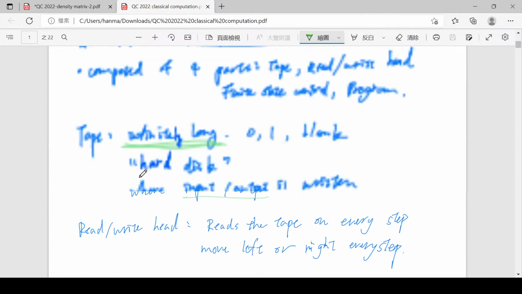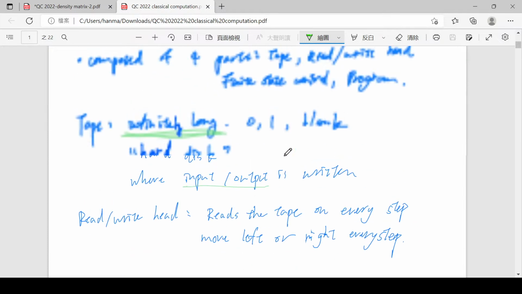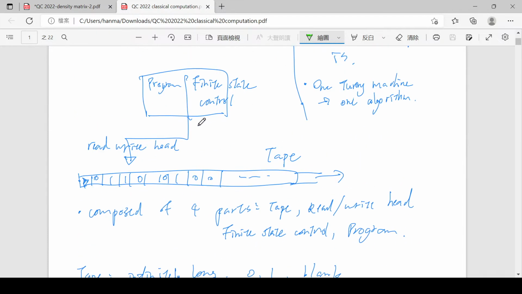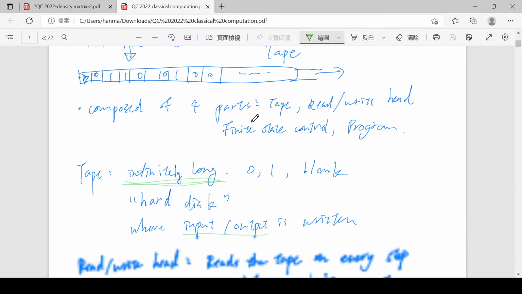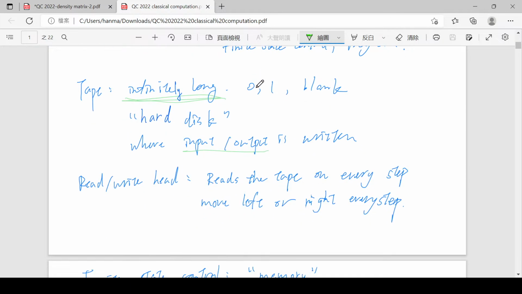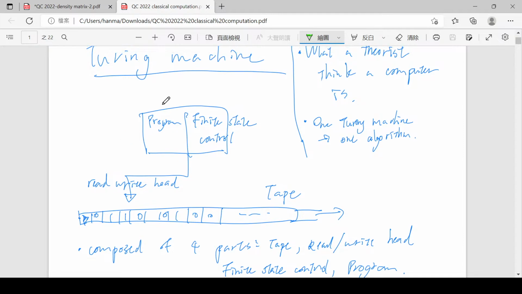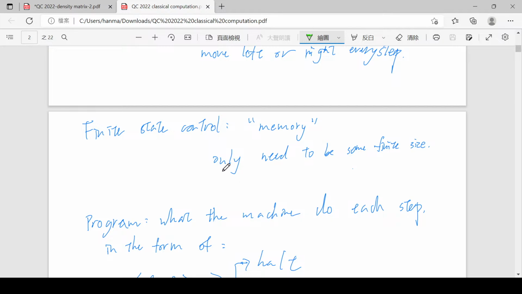And then there's the finite state control. It's like a memory of your computer. So this computing block, I think this is like your CPU or motherboard, and it has some internal memory you can write, and there will be some finite number that's enough to store all the programming steps you want to do.